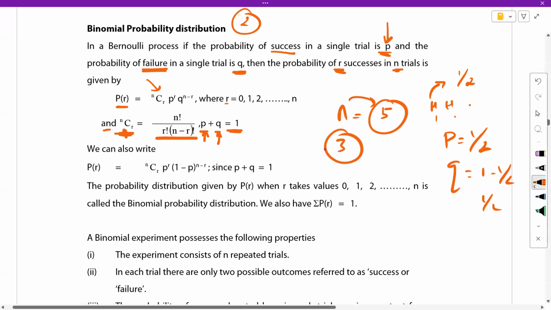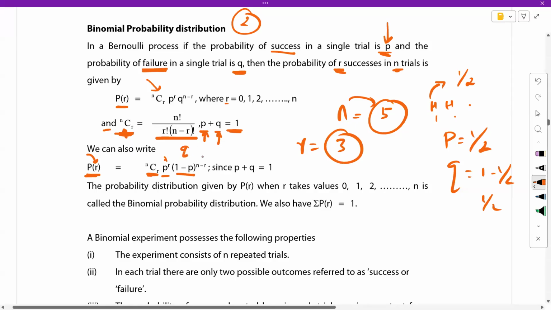What's the probability of getting 3 heads? That means R equals 3. We can also write the probability of R successes equals nCr P^R (1 minus P)^(n minus R). 1 minus P equals what?